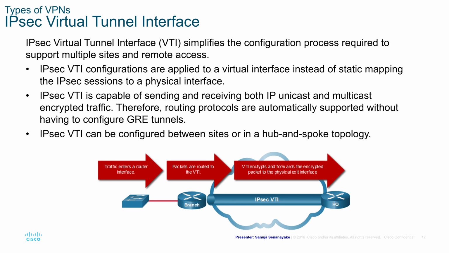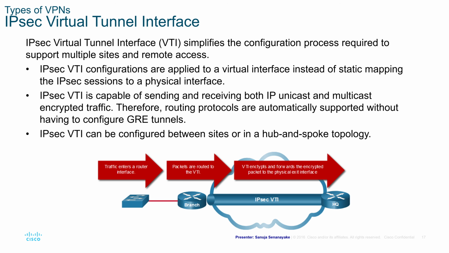So the interfaces would be virtual. That's what VTI stands for. The IPsec VTI is capable of sending and receiving both IP unicast and multicast encrypted traffic. Therefore, the routing protocols are automatically supported without having to configure GRE tunnels.